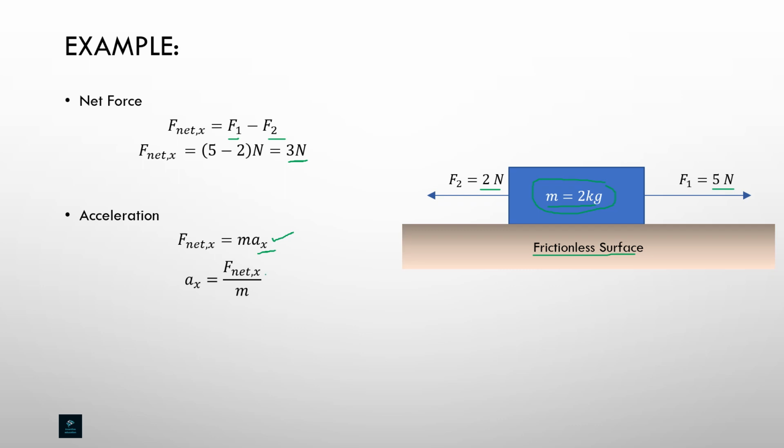Putting the values of F net x and m, we get Ax equal to 3 by 2 meter per second square. This is equal to 1.5 meter per second square. So with the application of these two forces, the acceleration that is produced in this body is 1.5 meter per second square.